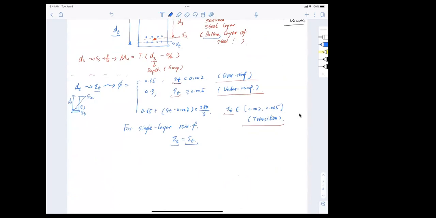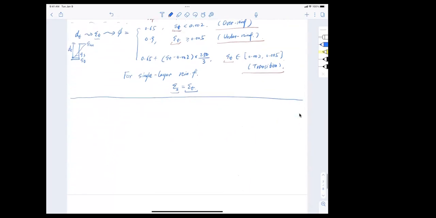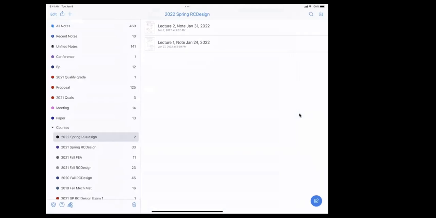But we have a problem, Houston. We have a problem if the reinforcement is not one layer, it's two layers or more. So example number 2, and I'm just going to open it. We won't be able to finish it, but we're going to open it. Lecture 3.